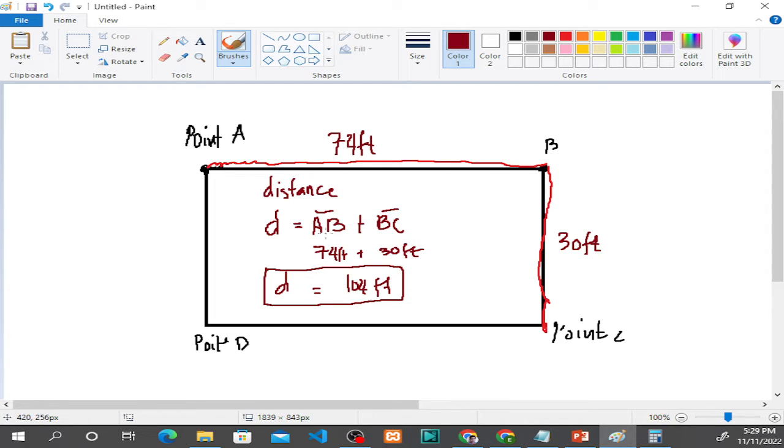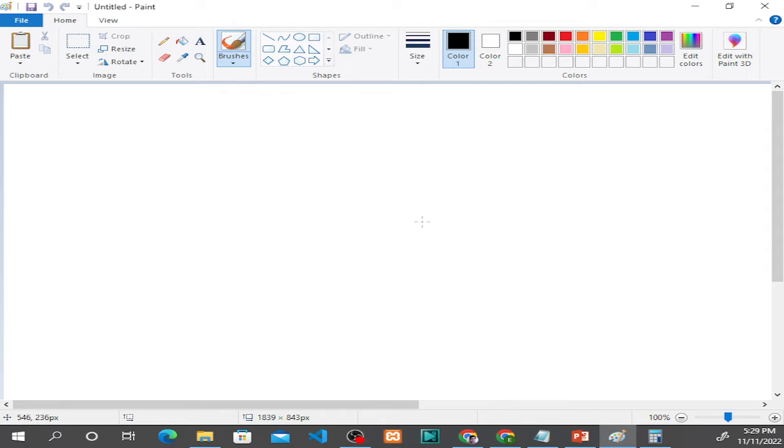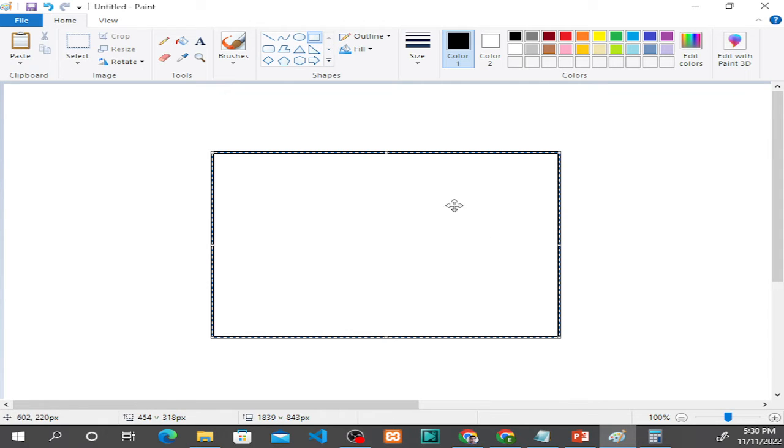How about the displacement from point A to point C? So we draw again the court and give it the same dimensions. This is point A, point B, then point C. We know that this is 74 feet and this is 30 feet.